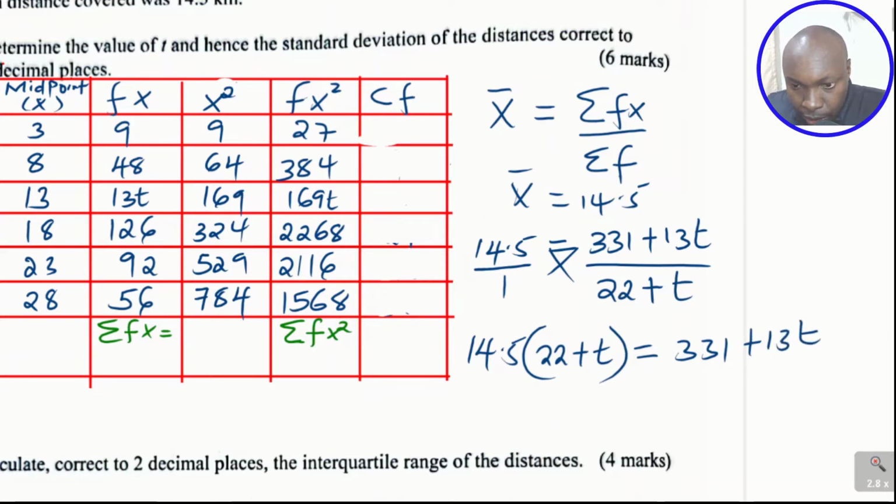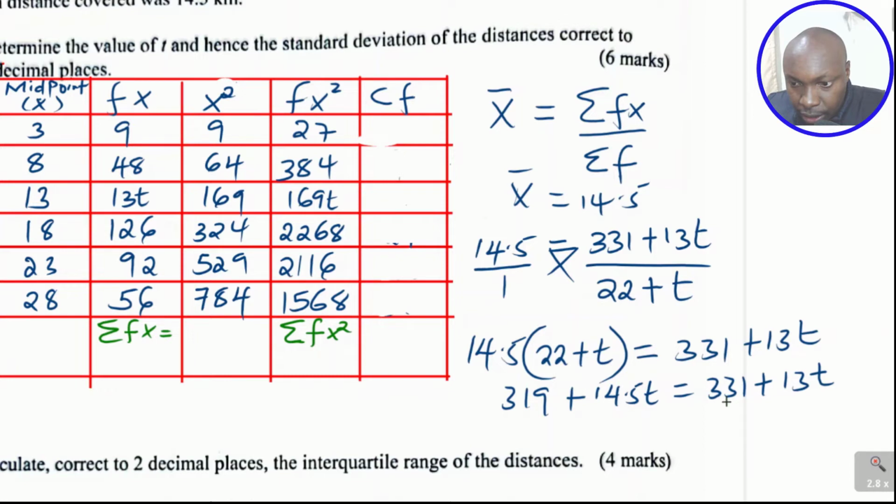So opening these, you get 14.5 times 22, you get 319 plus 14.5t is equal to 331 plus 13t.